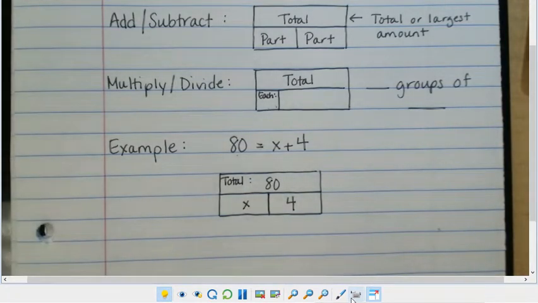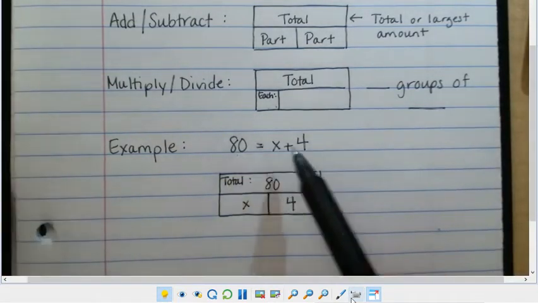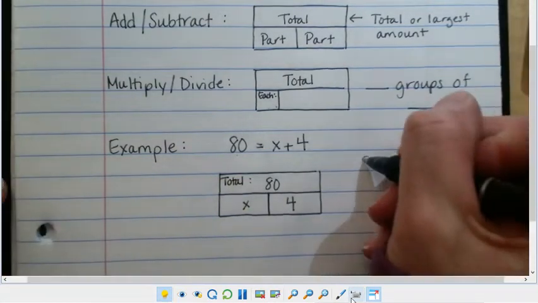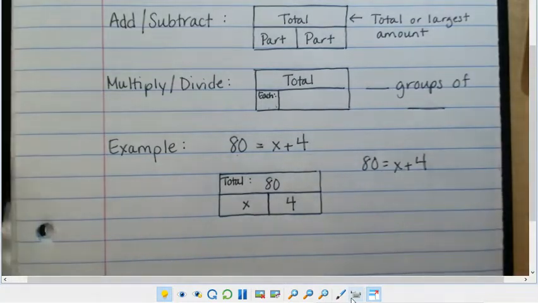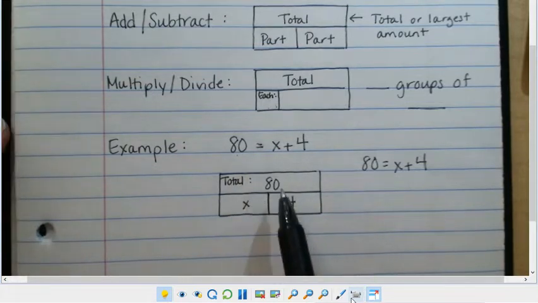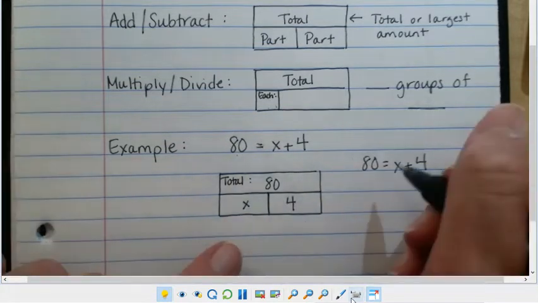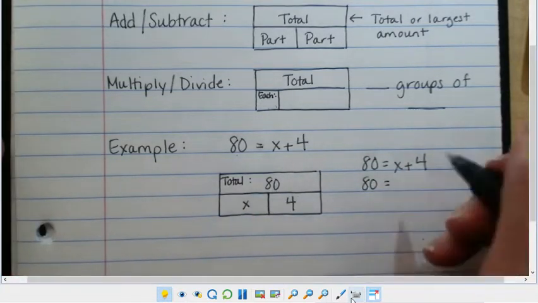Now these models end up working really nicely to write different equations and to help you solve equations without having to do anything with an inverse. So what I typically do is I already have this equation written, but if I were asked to write a different equation, I could. So my equation says that 80 equals x plus 4, but from this diagram, I can also pull, and I usually use my total to start, 80 equals 4 plus x.